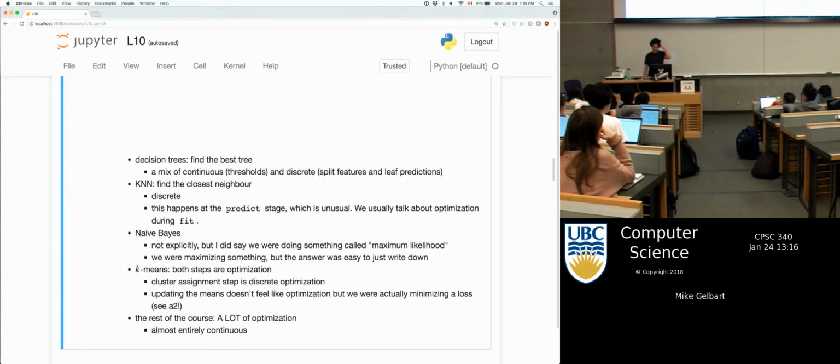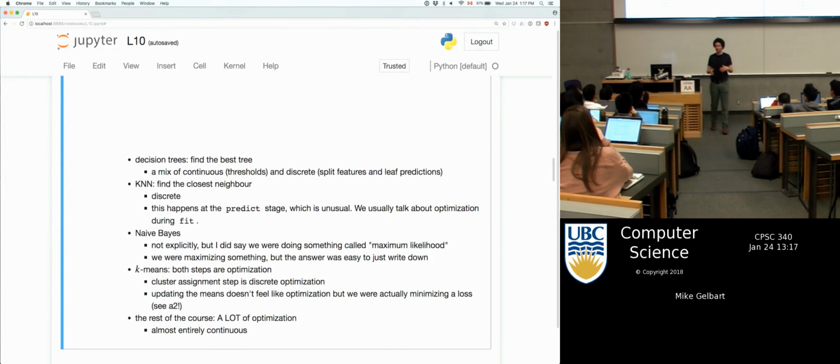Okay, yeah, so we pretty much covered all of this except naive Bayes. With naive Bayes, we were not really solving optimization problems, except I just told you guys we want to estimate the probability of seeing a particular word given a particular y value, and I said let's just count up how many of those we see and divide by the total, and that seemed like a very reasonable thing to do.